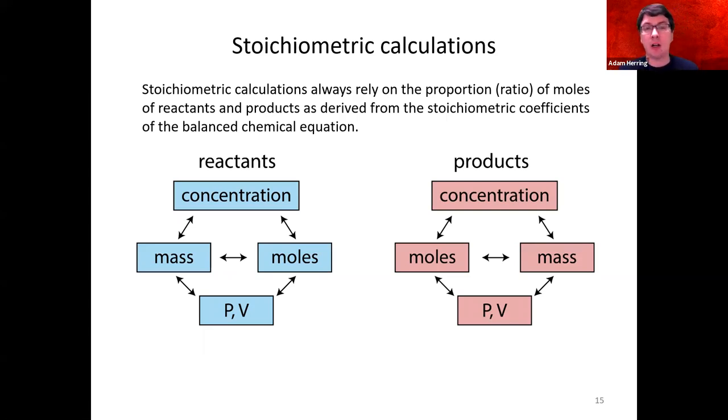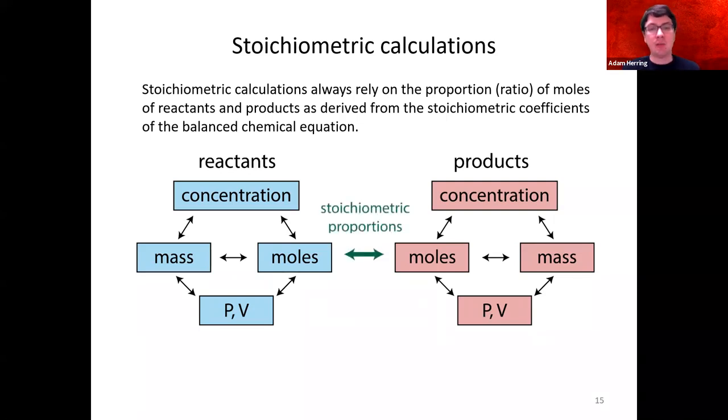We can discuss the concentration, whether that's of a solution or within a mixture. And that could be concentration in terms of molarity or parts per million or mole fraction or mass fraction. Using the ideal gas law, we can relate to the volume and pressure of a gas. And we can discuss the same information for the products of a chemical reaction.